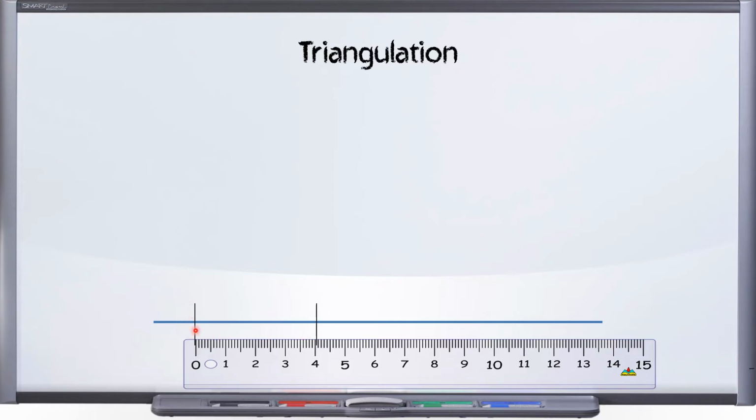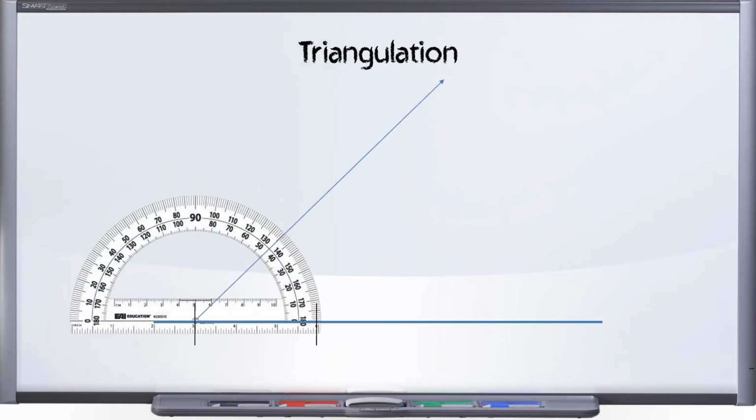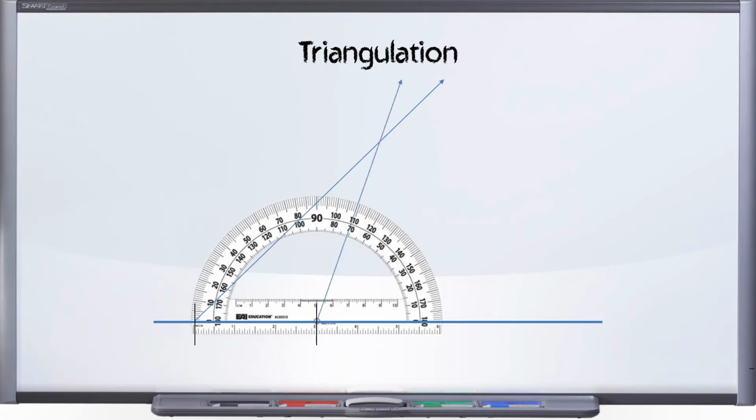And at each location, we have a known angle. So at this location, we have one angle, and we will just draw a line at that angle. And at the other location, we have a different angle, so we'll move on over there, and we'll draw that other location's angle, and there you go.